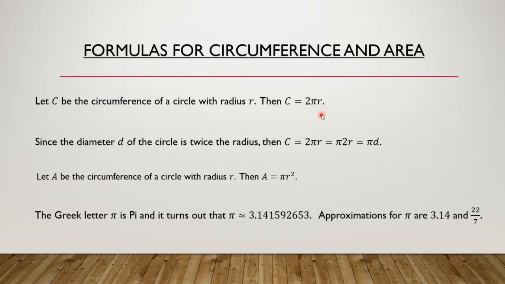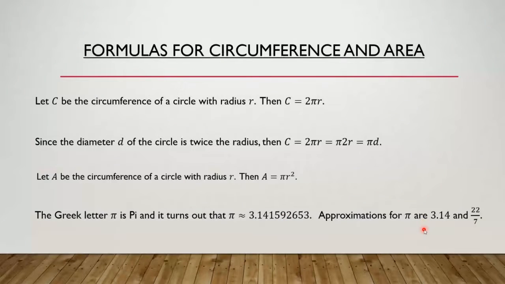I'll say what pi is in a minute. What the heck, I'll say it now. Pi is a number. It's irrational, meaning you cannot write it as a fraction of integers, and it's not a terminating decimal. Basically, it's a long, nasty decimal. It's programmed into most calculators.